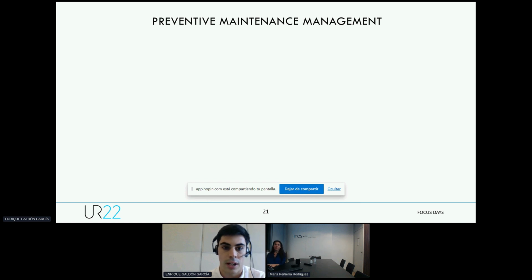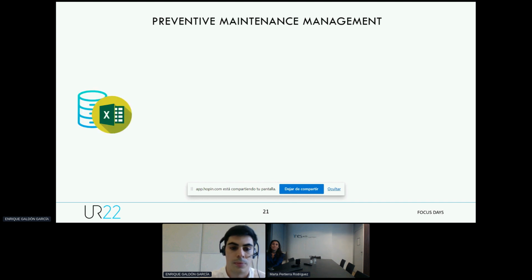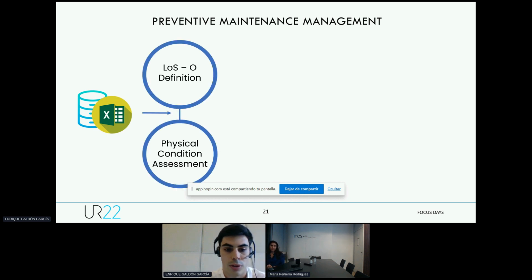Well, first I'm going to start with the preventive maintenance management. That is the second level of maintenance that we explained before. First of all, it's necessary to have all the information in a database. Then, when we have all the information of the different buildings in this database, it's possible to develop a physical condition assessment.